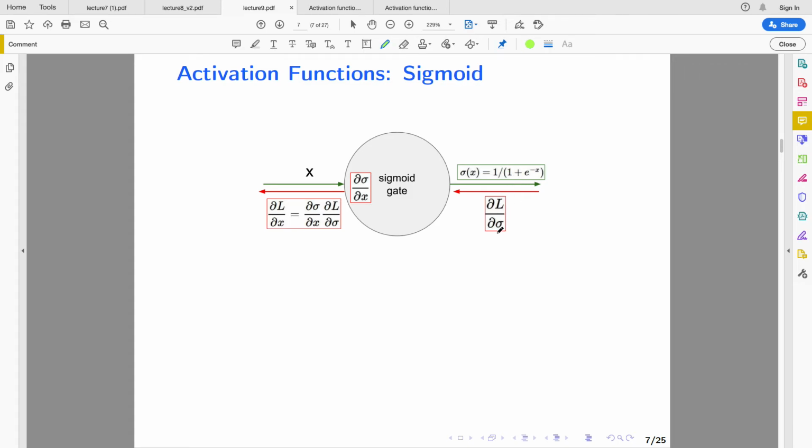You do an error propagation with respect to the output of the sigmoid, and this is the derivative of the output of the sigmoid.